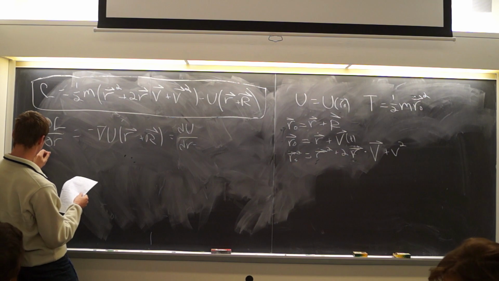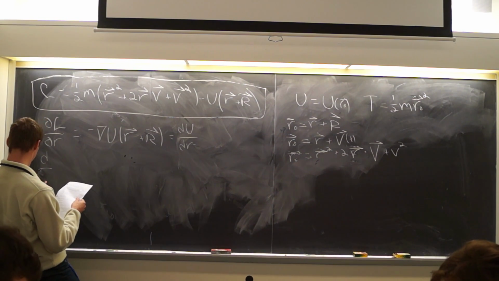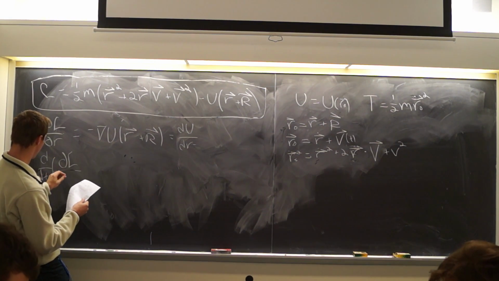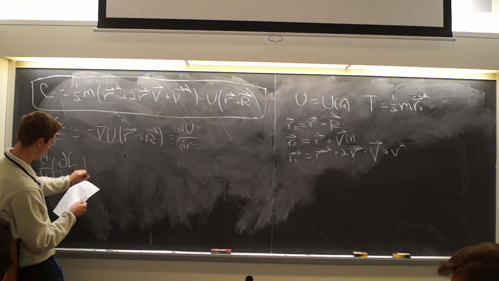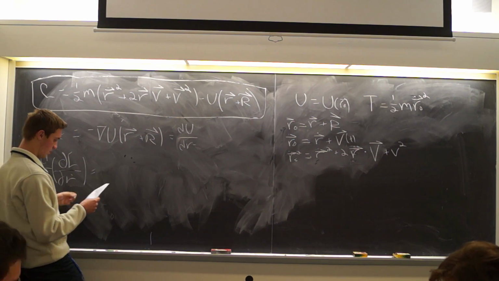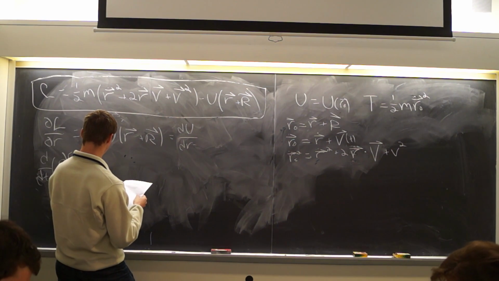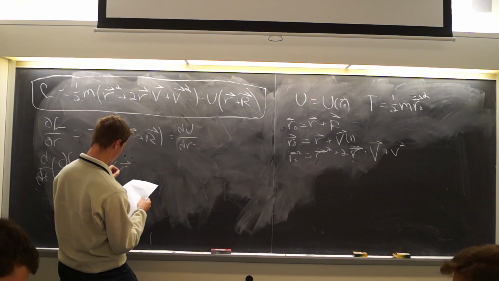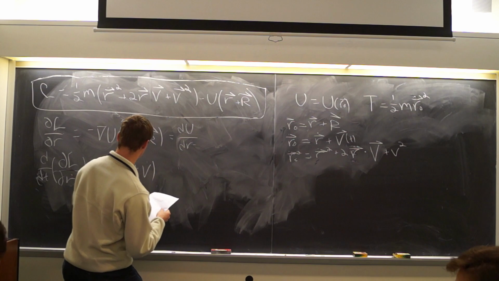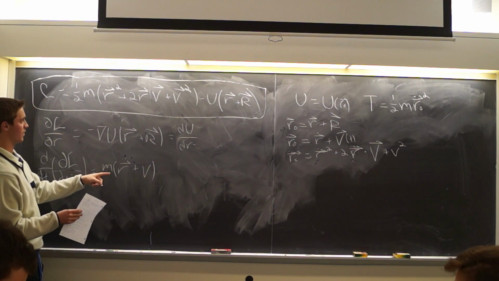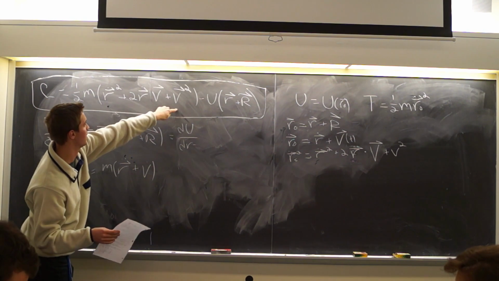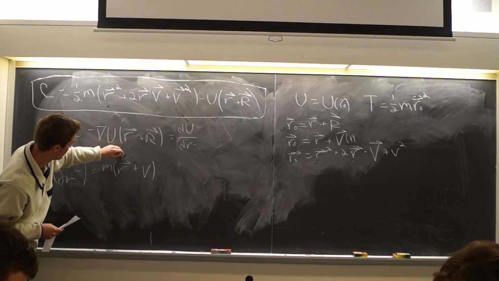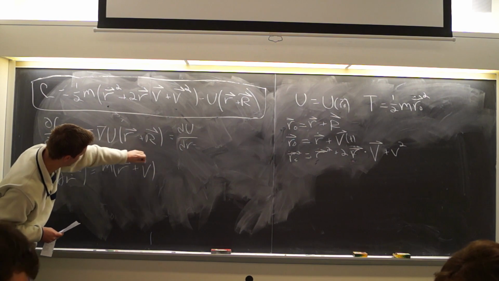And then d/dt of dL over dR dot is going to be equal to m times R double dot plus V dot. Everyone see where that comes from? We take the derivative of this term, so we get an extra dot on each one.